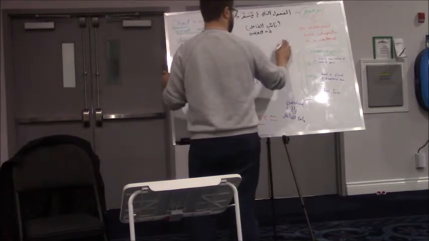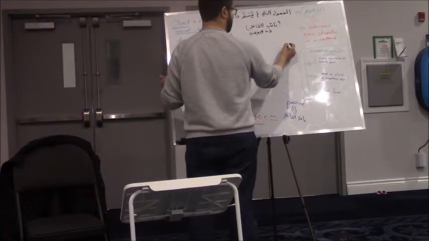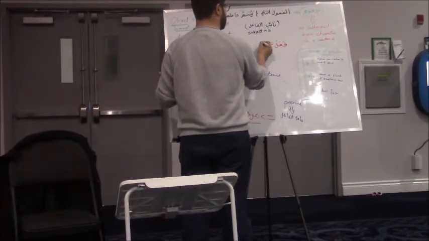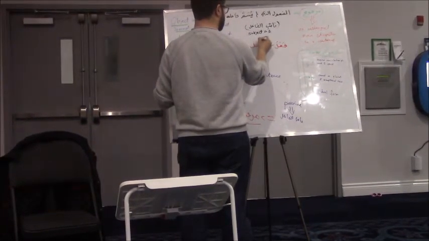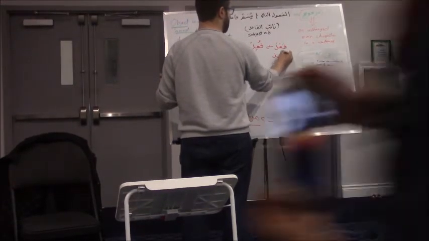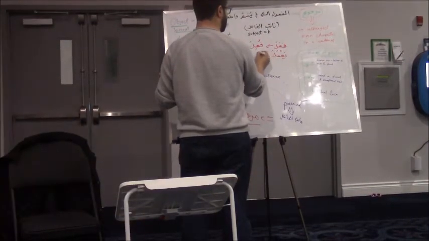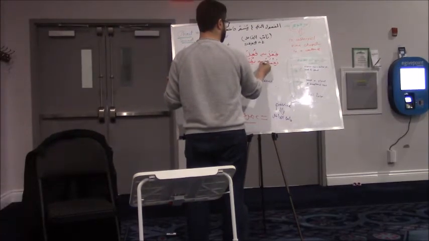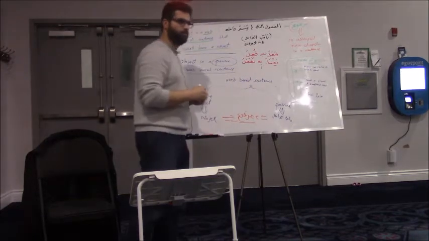If the verb is fa'ala, in the passive tense, you will find it to be fu'ila. If it's yaf'al, you will find it to be yuf'al. And there are other ways, but this is what you'll generally see.